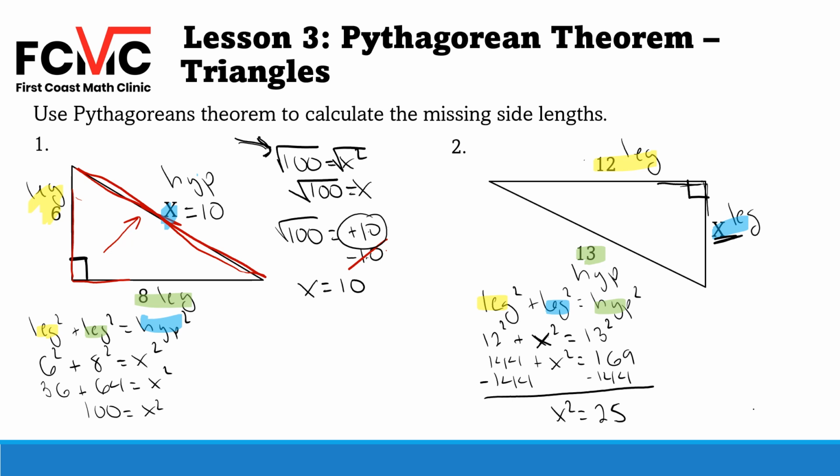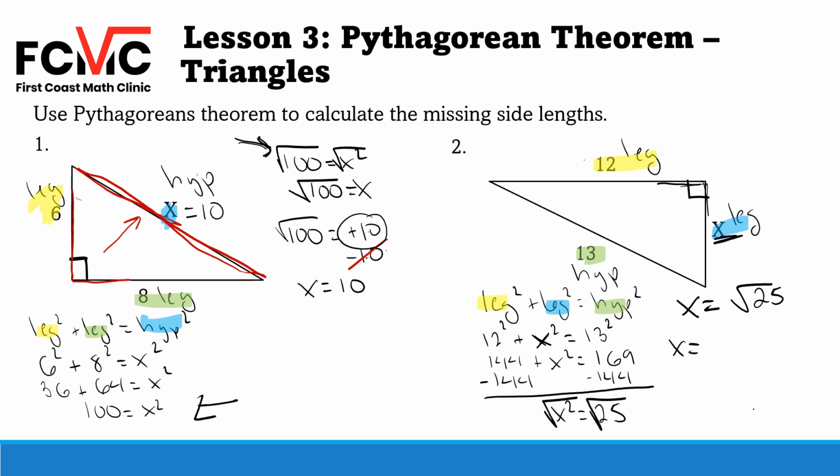And we're going to do the same thing here that we did with example 1, right? We're squaring x, so we want to undo squaring x. Let's take the square root of both sides. The x squared and the square root cancel each other out, so we get x equals the square root of 25. Well, what's the square root of 25?